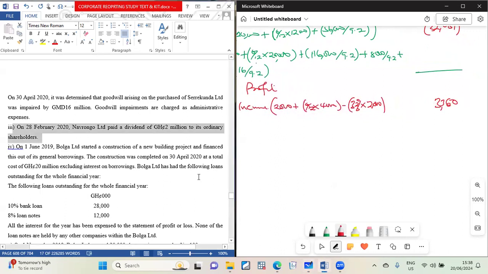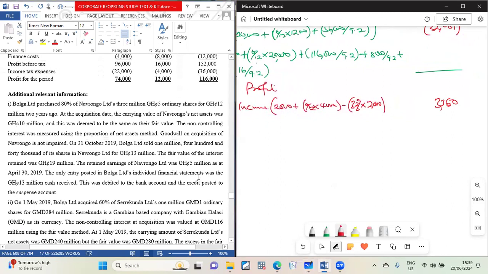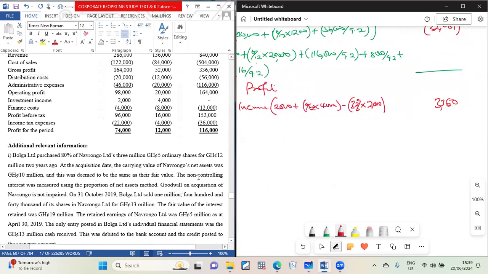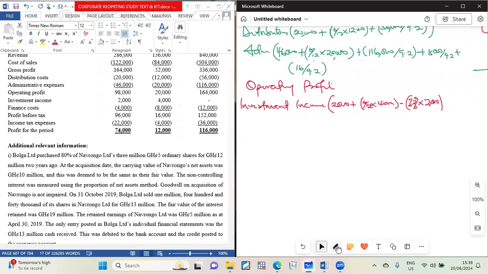Then what else do we have? We have investment income, after that finance cost. This is where you have to be very, very careful, because finance cost embodies many things. So here inside the finance cost, what do we have?